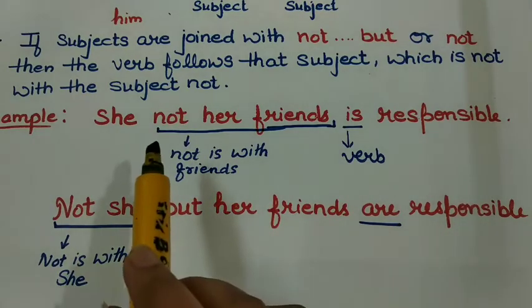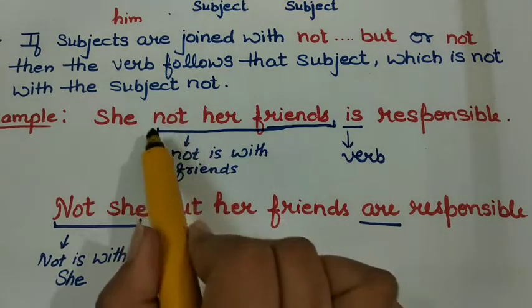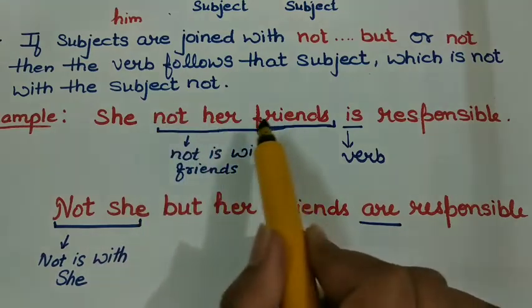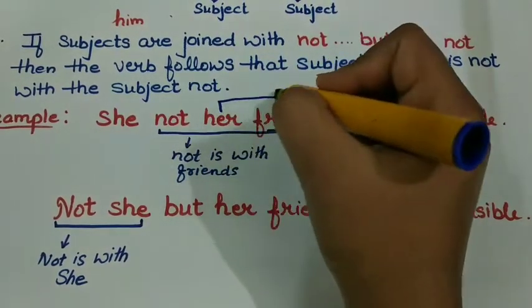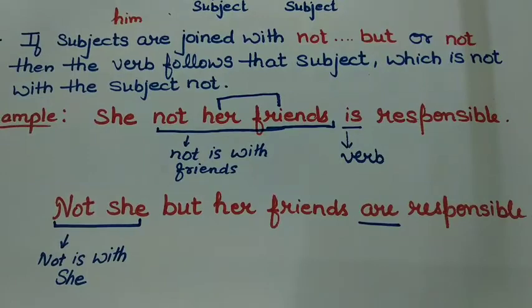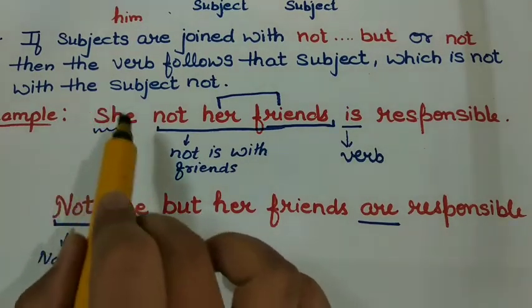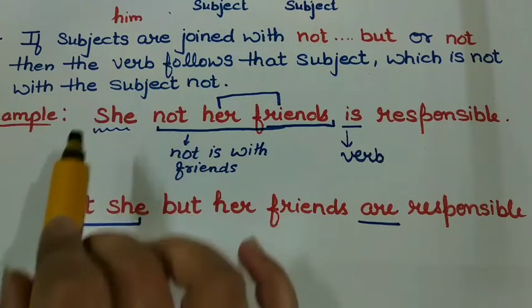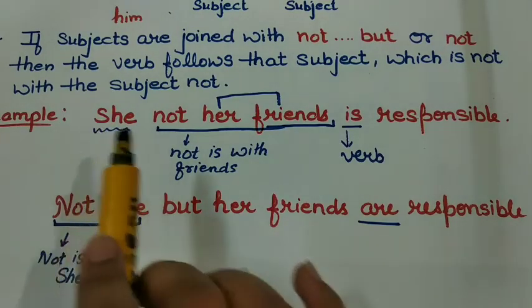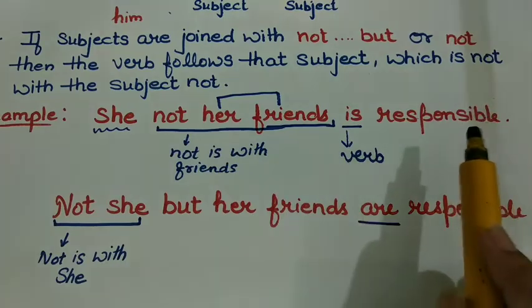Now what you have to see is, this not is with her friends. So we have to use a verb according to she, because there is no not with she. So, she, not her friends, is responsible.